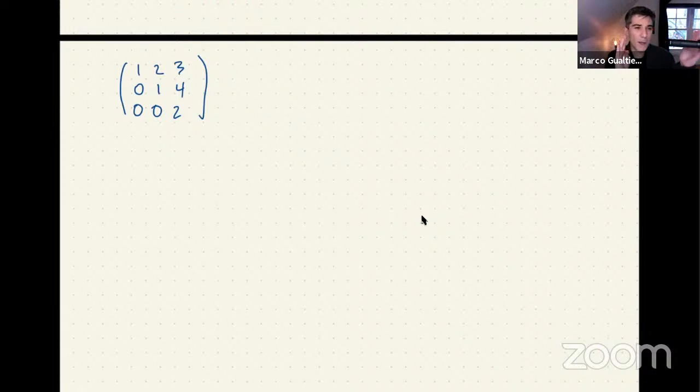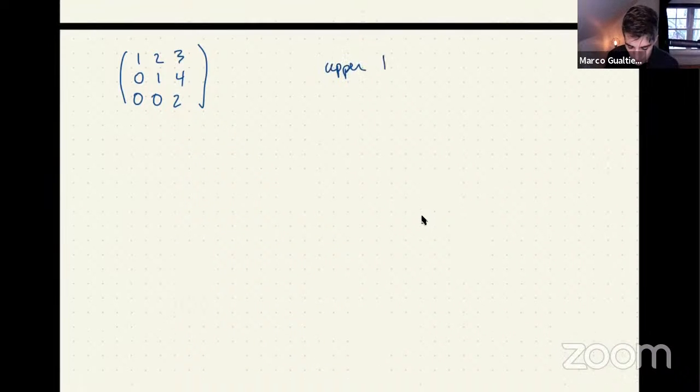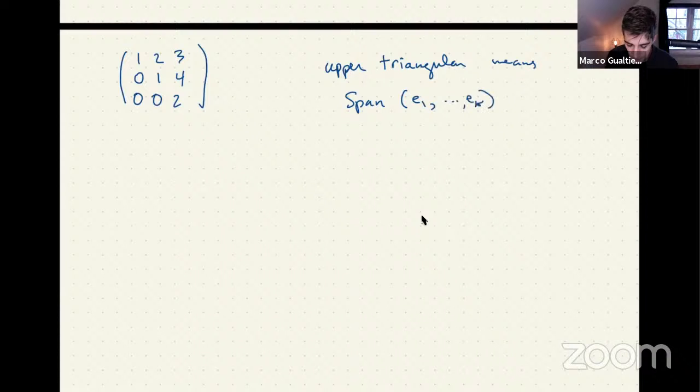It's an invariant subspace. So upper triangular means that the span of E1 up to EK is an invariant subspace for all k. So the first is an invariant, the first two is an invariant, the first three is an invariant, and so on, going up to the total.